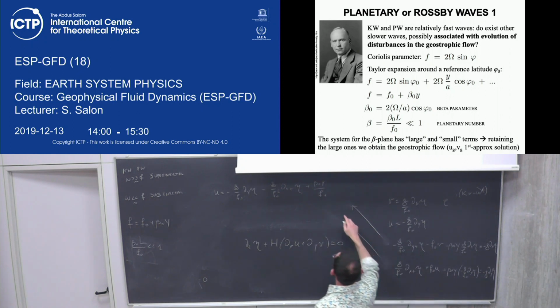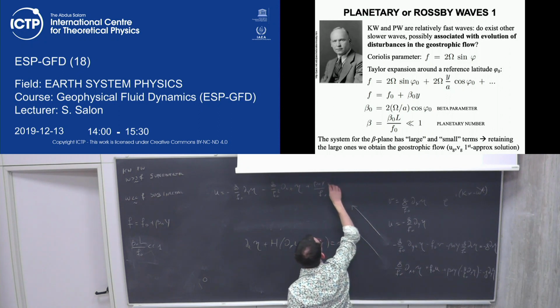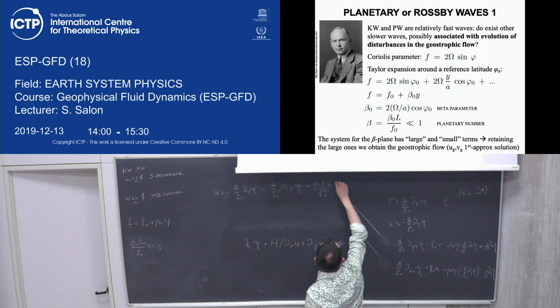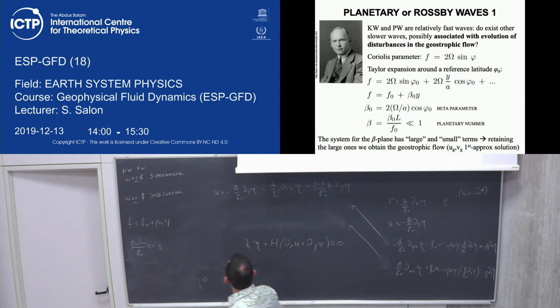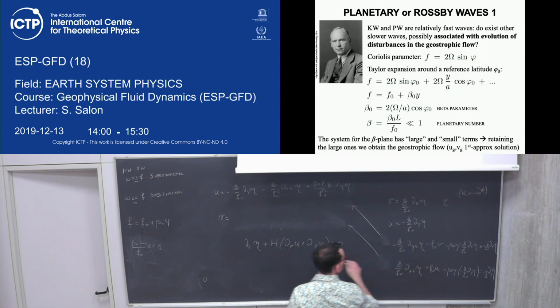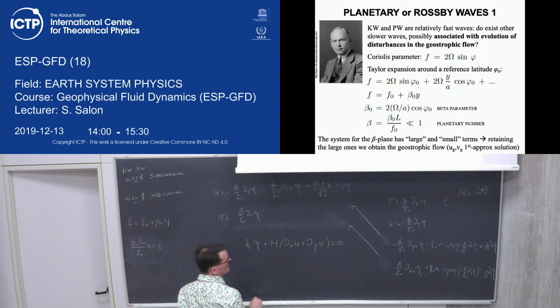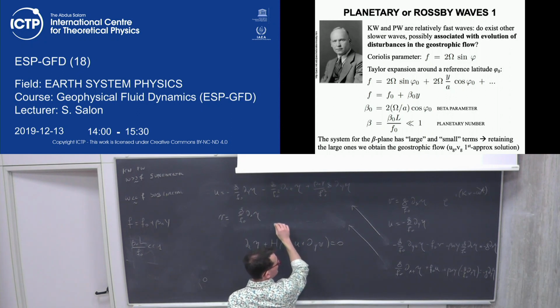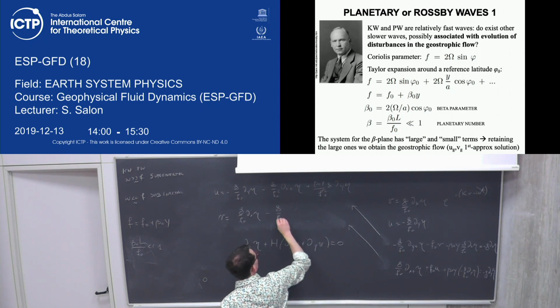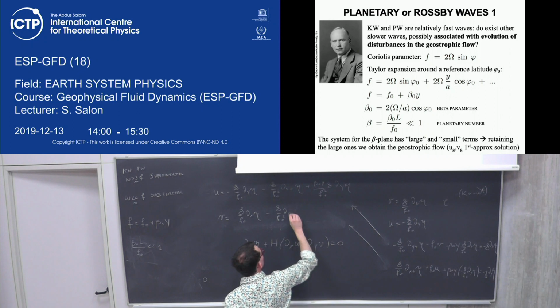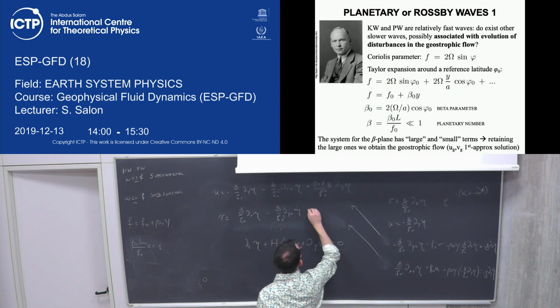This g squared dy eta. And the same here, v, which is g over f0 dx eta, and then all the other terms. So this is v, so it's minus, so it's plus, this is minus. And this.